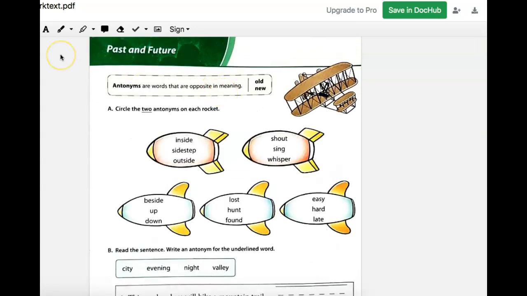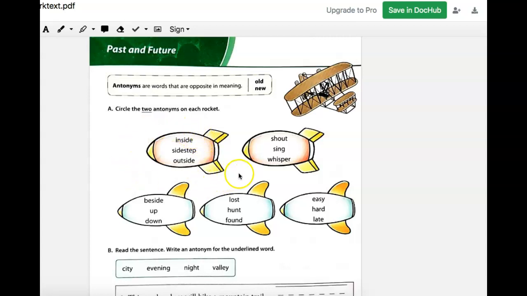So on the back page, we have antonyms. Do you remember what antonyms are? Antonyms are words that are opposite in meaning. For example, old and new are opposites, so we call them antonyms. Let's try the first one together. Circle the 2 antonyms on each rocket.